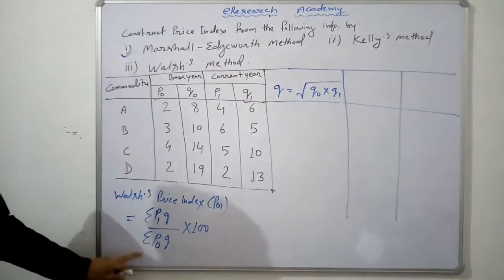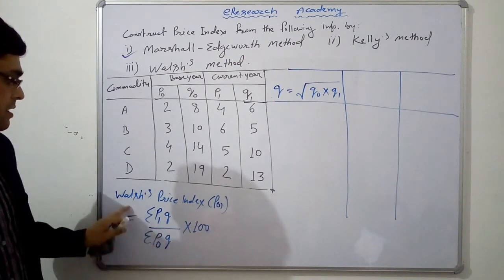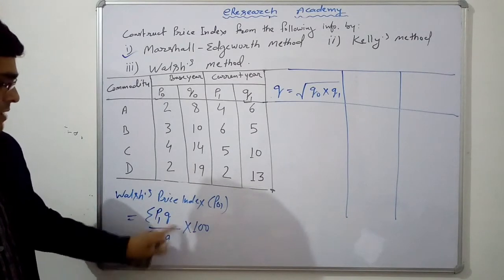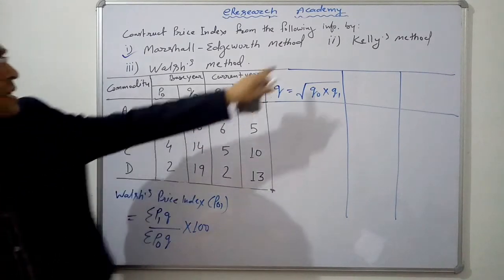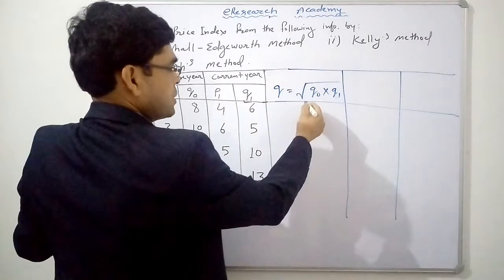Okay, the formula is same, but the meaning of the Q is different here under Walsh's method. Formula is same as used in Kelly's method. So find out this Q here.